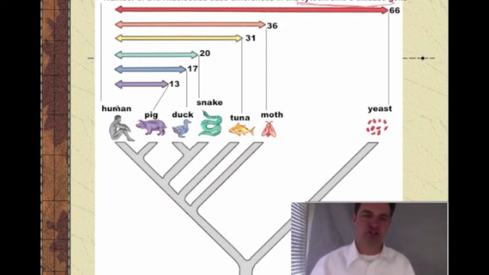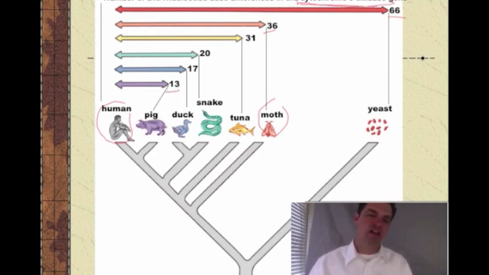So, for example, between a human and a yeast, there are 66 differences in that gene. The number of differences between a human and a moth is 36. Between a human and a pig, there are 13 differences.